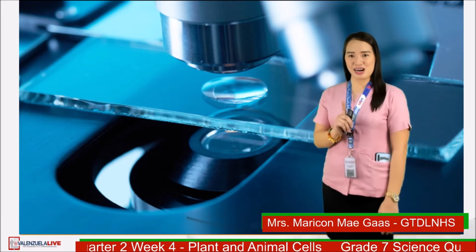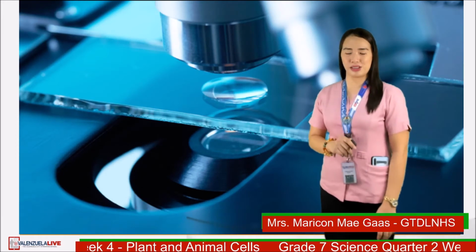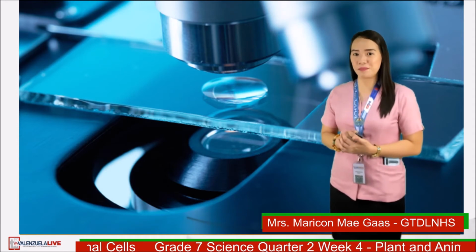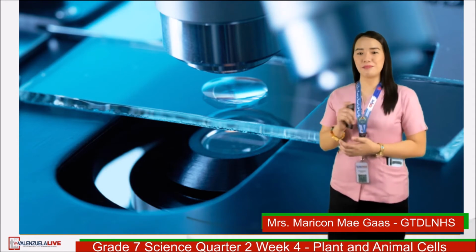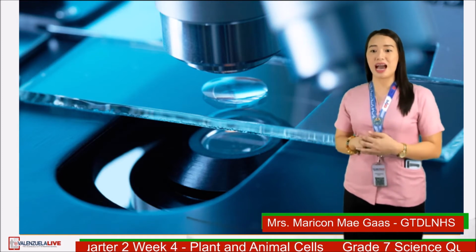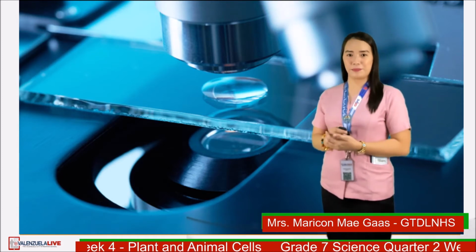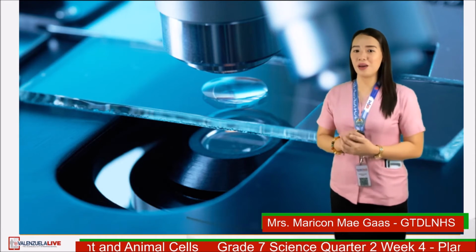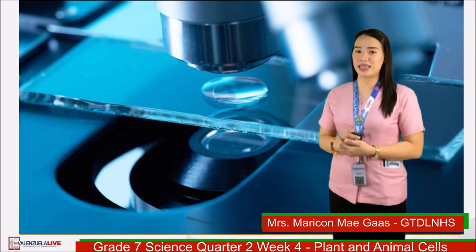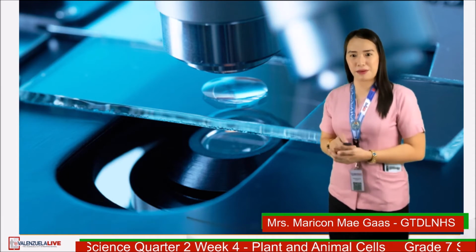Do you want now to see a real image of a cell, particularly plant and animal cells? At the beginning of our session, I said that I was observing an onion skin specimen. This time, I will let you see how you can observe an onion skin and cheek cell specimen.